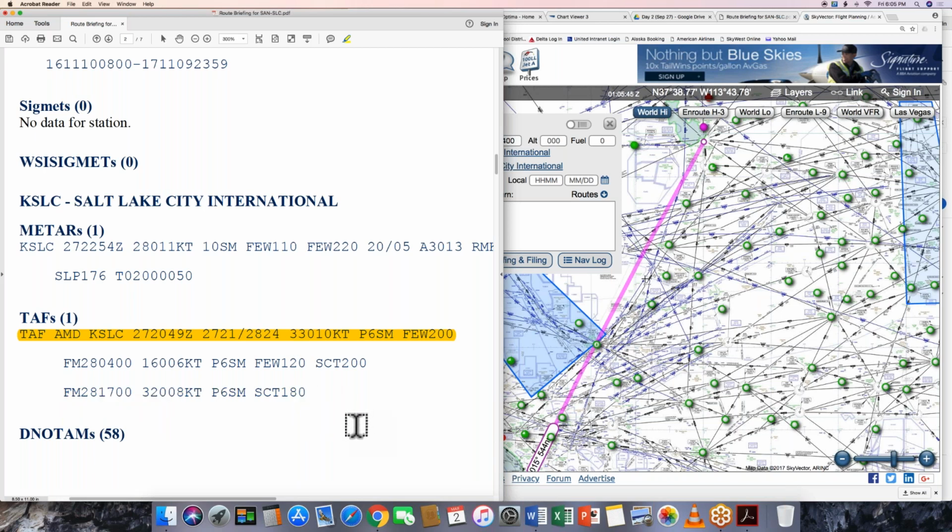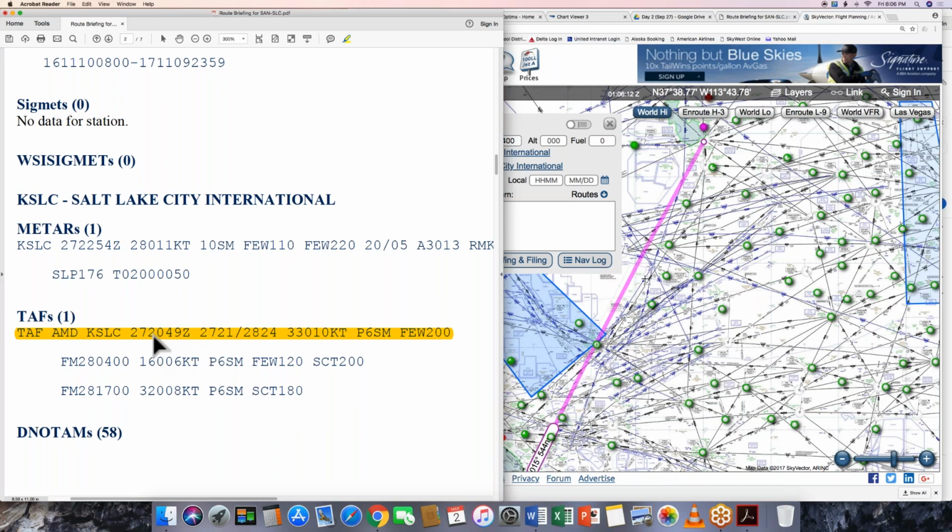Okay, so when you were determining legal to go, you only look at the 27, 2049 Zulu part, not the 27, 21 part right here. Right. Yeah. So this first forecast is the 27th at 2049 Zulu. That's when this TAF was written, right?